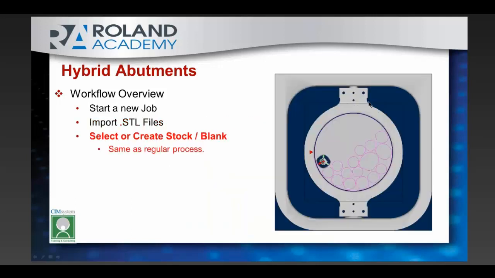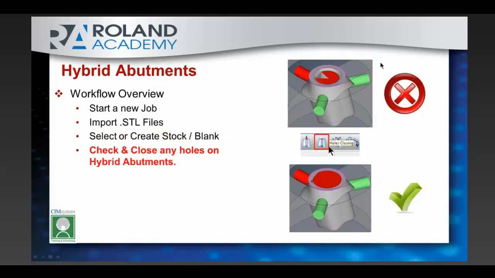So once you import your STL files, the next portion is going to be to select or create your blanks. And that's, again, going to be the same as your regular process. So we haven't really deviated yet from our standard procedure. The next step is to check and close any of these holes that need to be closed on the hybrid abutments.